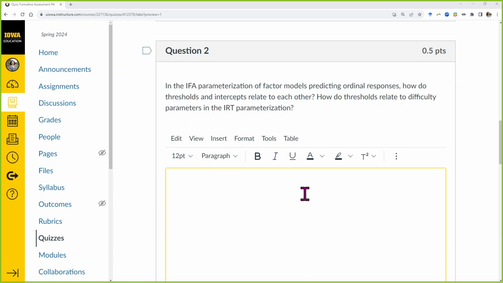Yes? Great. So now, with respect to the second part, how do thresholds relate to difficulty parameters in the IRT parameterization? What do you think about it? What would you say about this question? How do thresholds relate to difficulty parameters in the IRT parameterization?